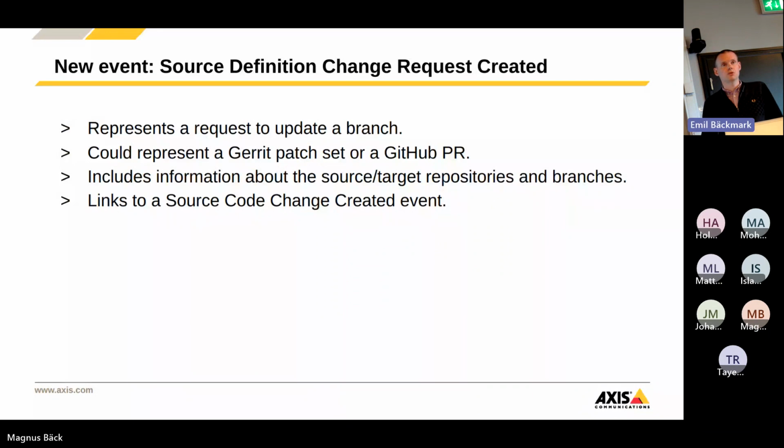We could definitely split this event in two and have one event saying, source definition change request defined or something, saying that a pull request has been created. But I think we can actually get by with just this event and model reality closely enough. But if we want to do such a split, I think it would be possible to introduce that later on.